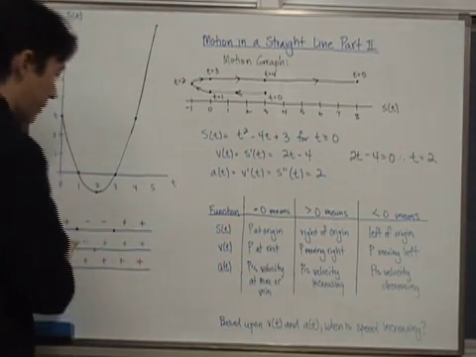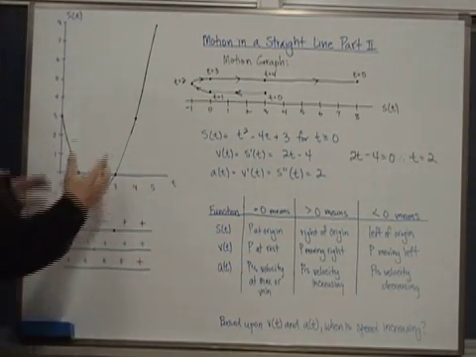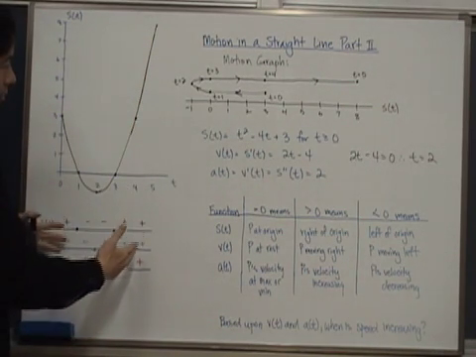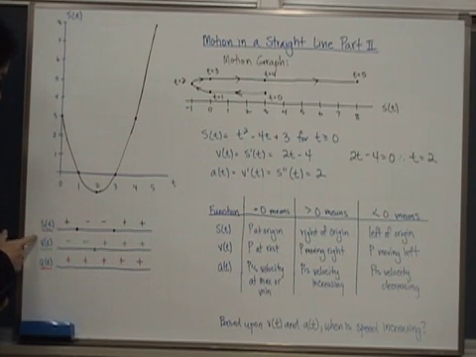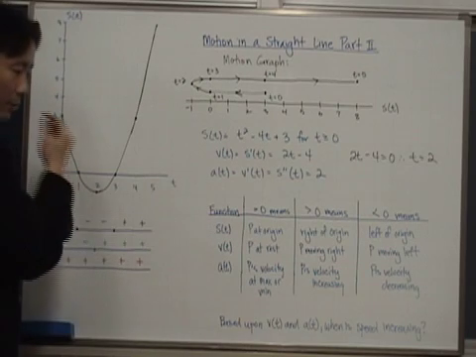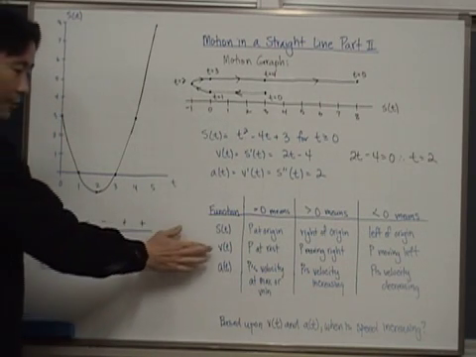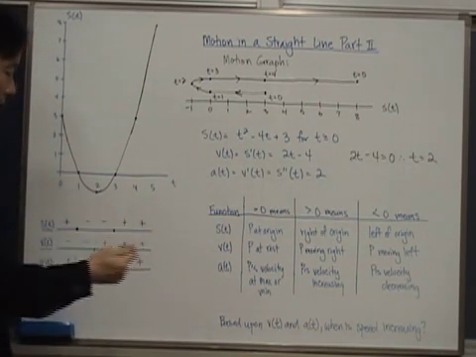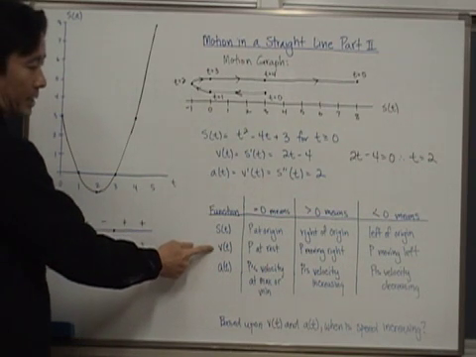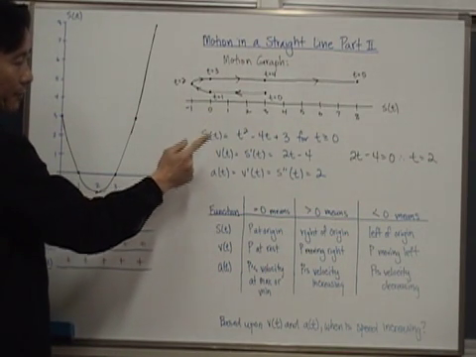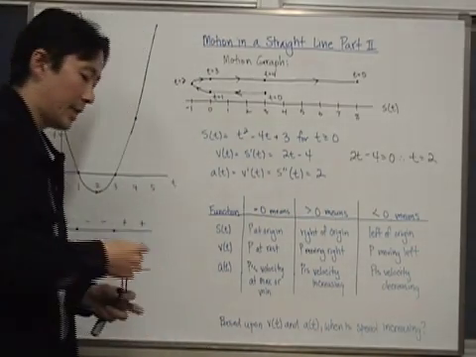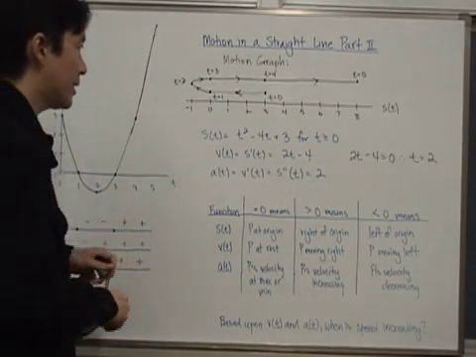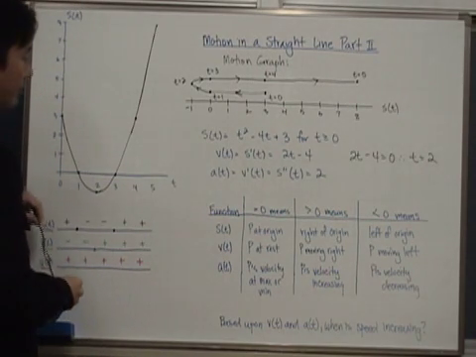Now let's come back here, and I've gone ahead and tried to also show us where the positives and the negatives and the zeros actually occur for each one of the functions s of t, v of t, and a of t. Now I think everybody's pretty clear as to what's happening with s of t. Let's focus on v of t. Now remember that v of t was the first derivative of s of t, which meant that we're talking about the instantaneous rate of change of s of t at any particular value on the function.